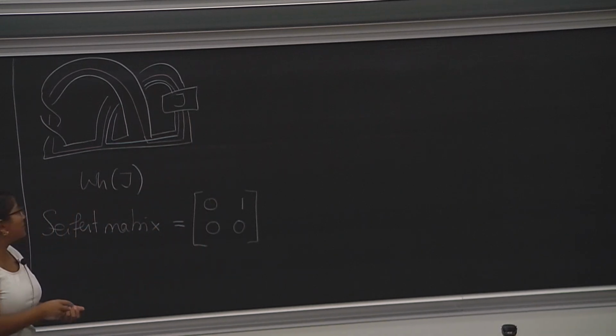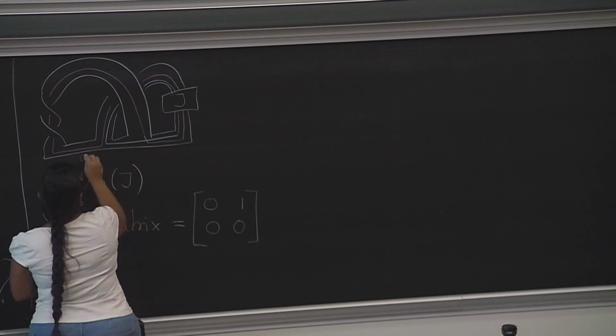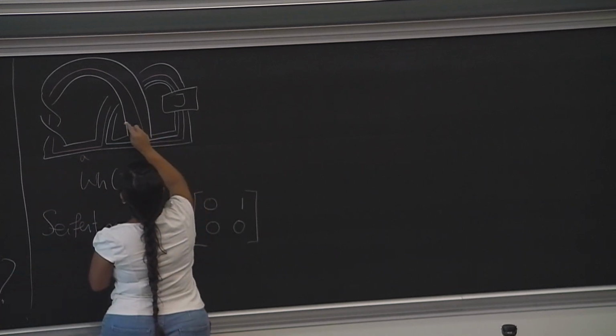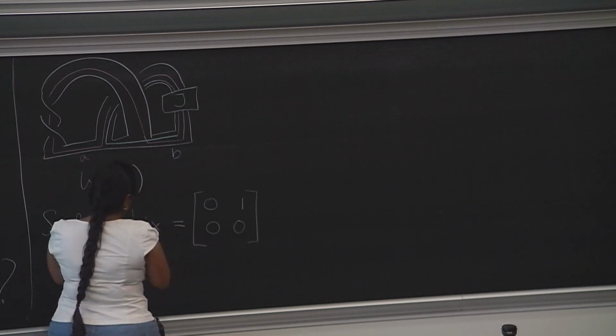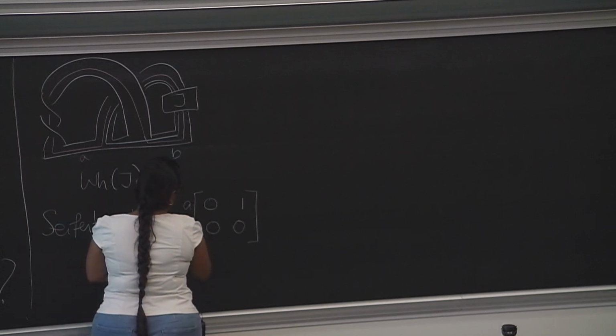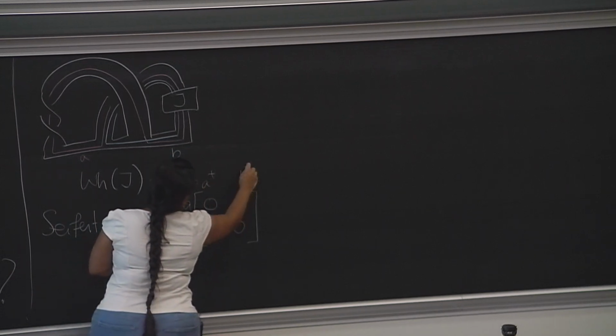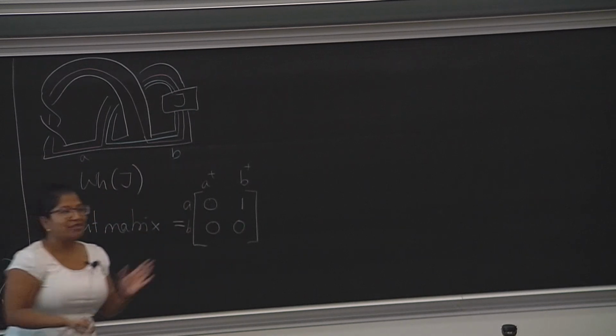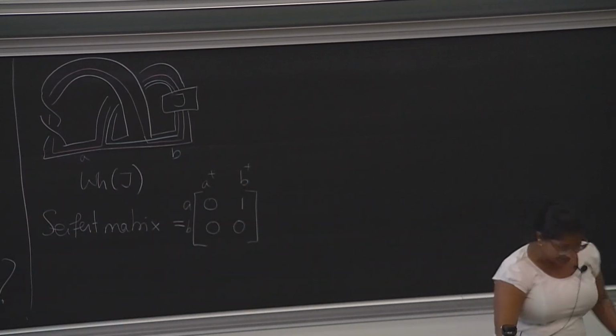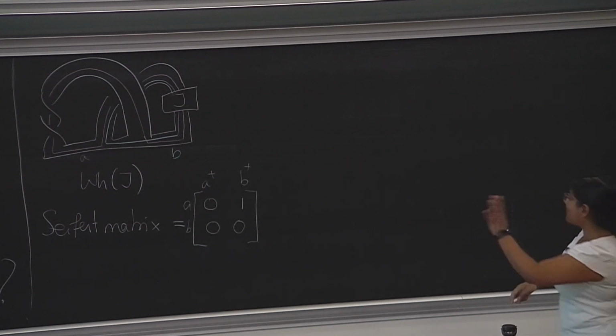But anyway, it doesn't super matter. Let's call this A and B. And then here were A plus and B plus. So there's some basis which is particularly nice. Anyway, this is not the important part.